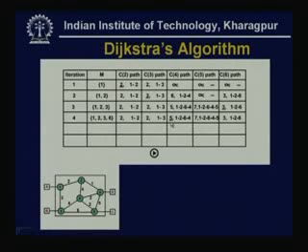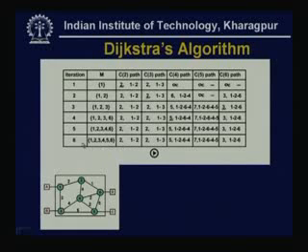Now you have to include this 4 into this set, and after including 4, now the list is 1, 2, 3, 4, 6, and this cost remains unchanged. Here also it remains unchanged. 1, 2, 6, 4, 5, it remains unchanged. Here it becomes 1 to 6. Now we find the final solution and everything remains unchanged.